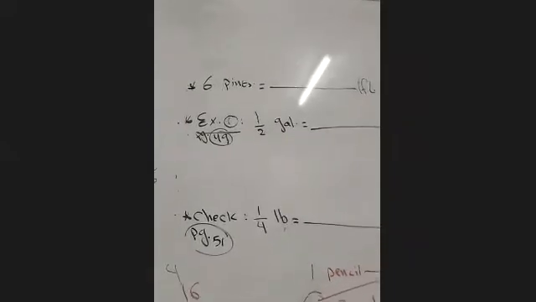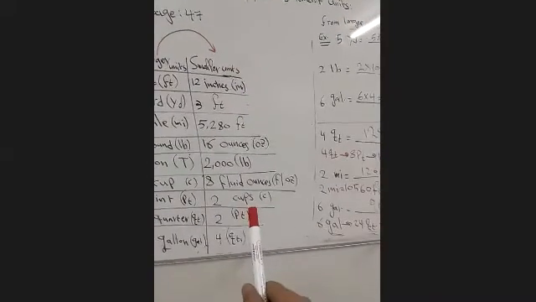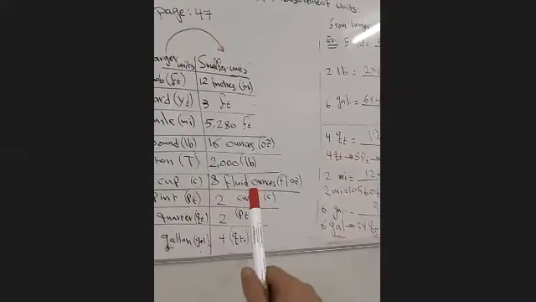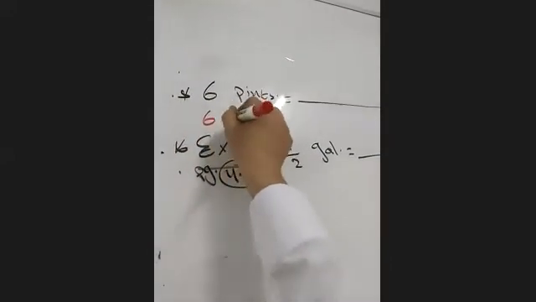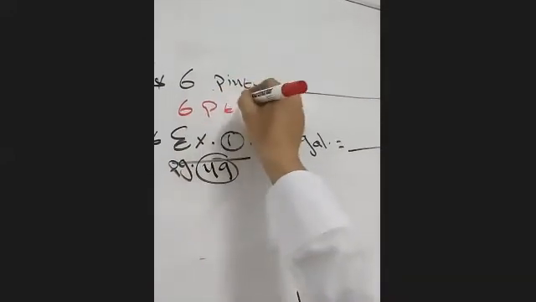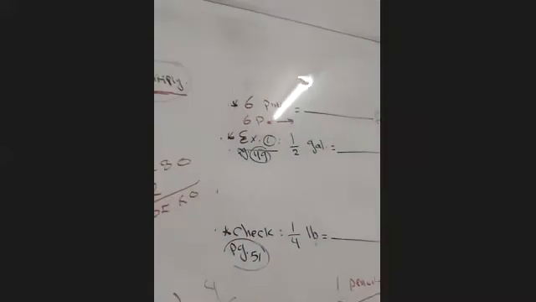First, 6 pints equal 12 cups. So I will turn it from pints to cups. Then from cups to what? To fluid ounces, which is my wanted unit here. 6 pints, how many in cups? Multiply by 2.